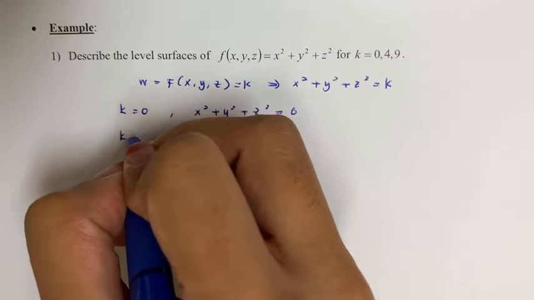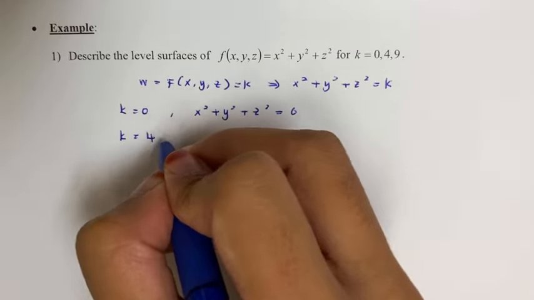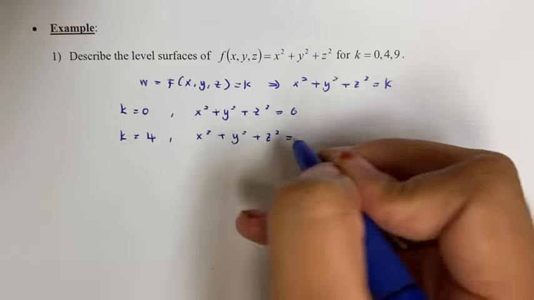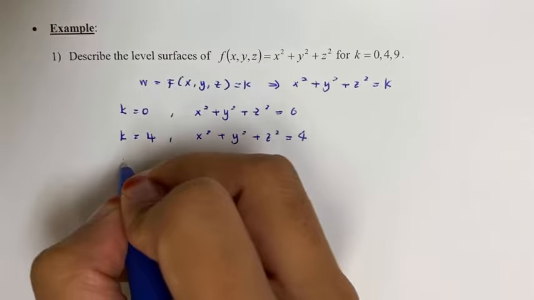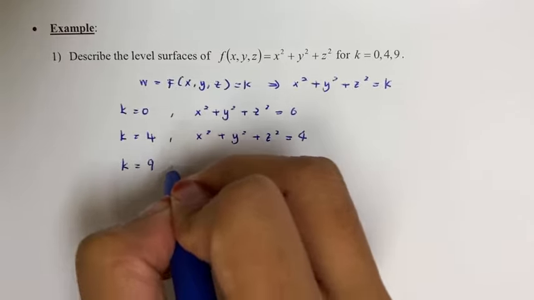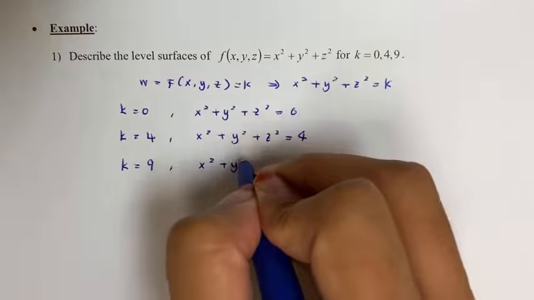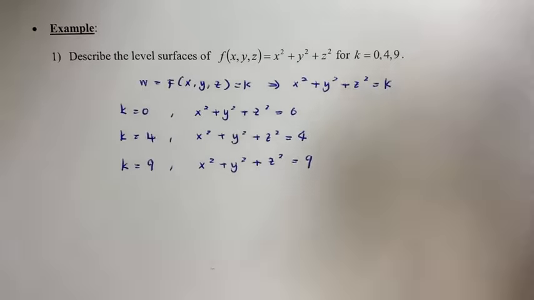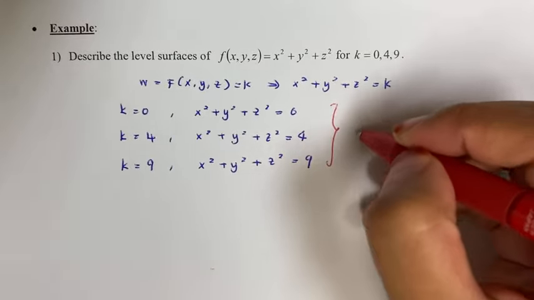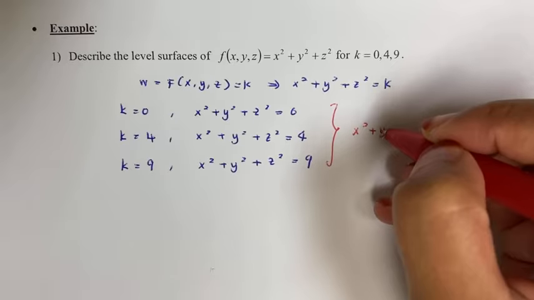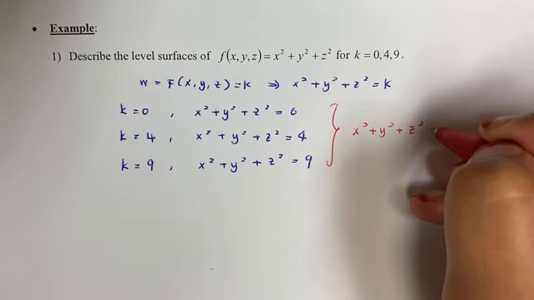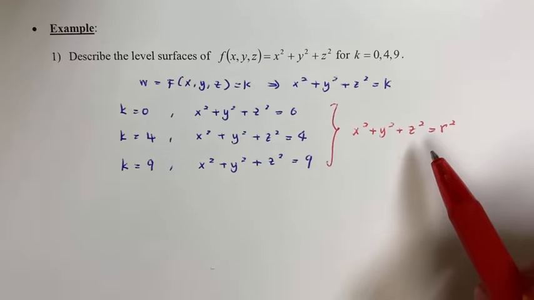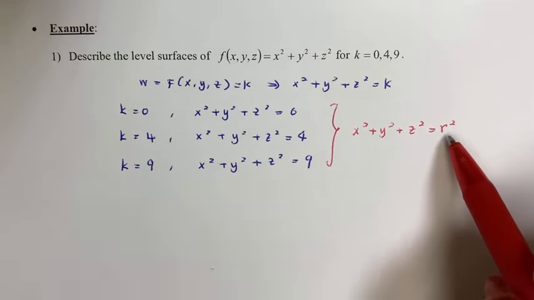For k equal to 4, x square plus y square plus z square equal to 4. And for k equal to 9, x square plus y square plus z square equal to 9. This is basically the general formula for x square plus y square plus z square equal to r square. It is the general formula for a sphere with radius r.